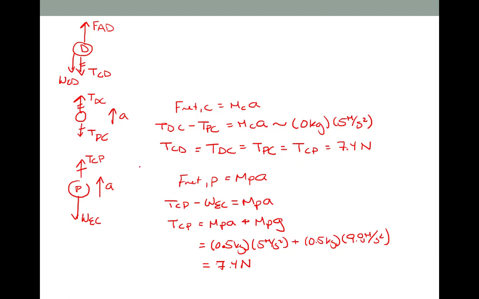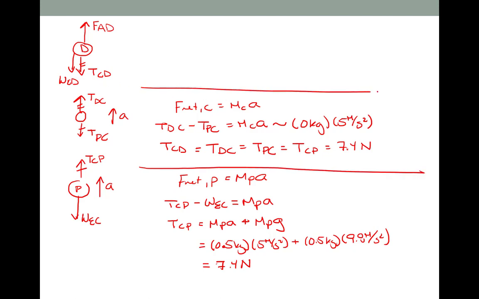Okay, I think maybe some lines separating the work on this problem might be a good idea. I hope I have enough room up above. So lastly, on the drone. We have one force in the direction of the acceleration, and that's the force from the air on the drone.